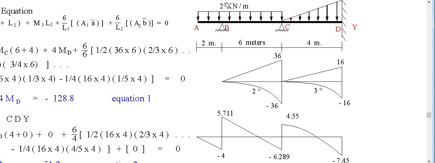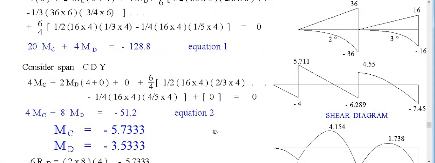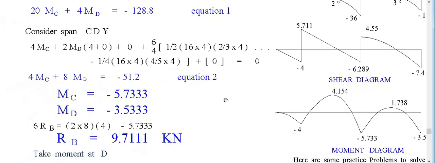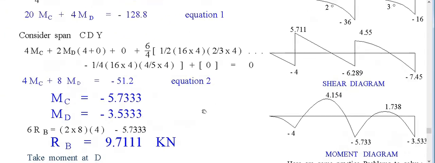Moment B is minus 4, negative. All three are negative moments. Now the reaction, okay, RB.